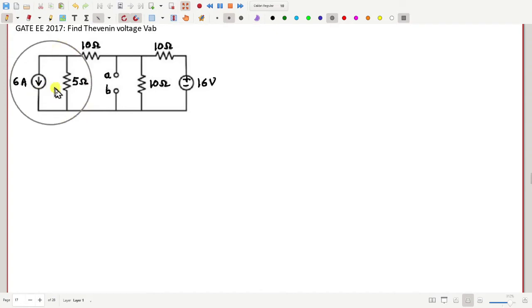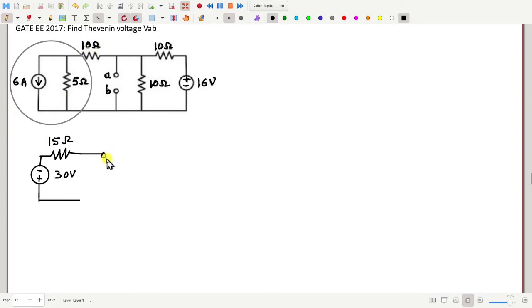What is the equivalent of this? 30 volt in series with 5 ohms. Then after this we have one more 10 ohm. So let me just add 5 and 10 and make it 15.